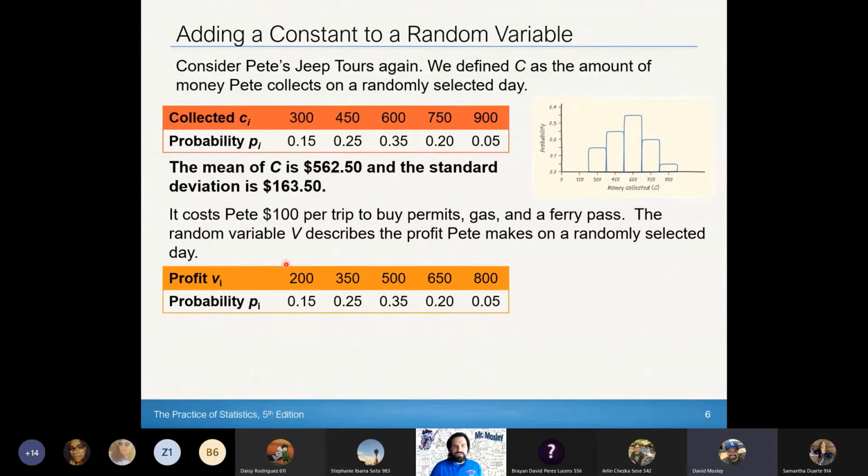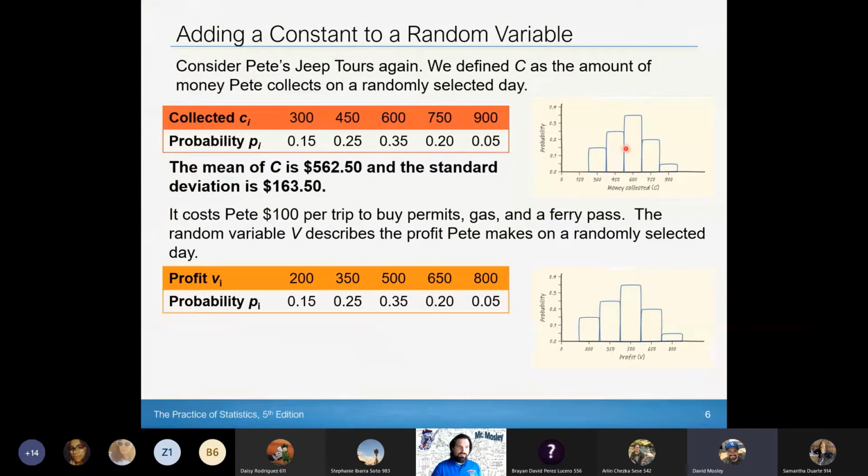So now we have another probability distribution reflecting the profit on a randomly selected day, and that can range from 200 to 800. And again, that's simply found by subtracting 100 from the amount of money collected. And once again, we see that the probabilities just essentially transfer over and remain the same. And once again, we witness that the shape did not change.